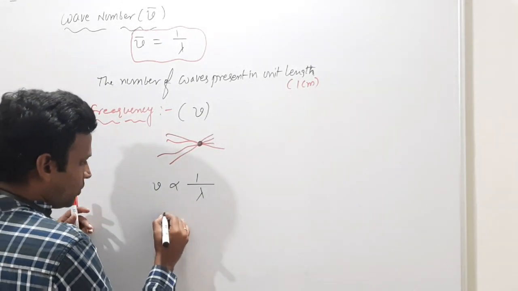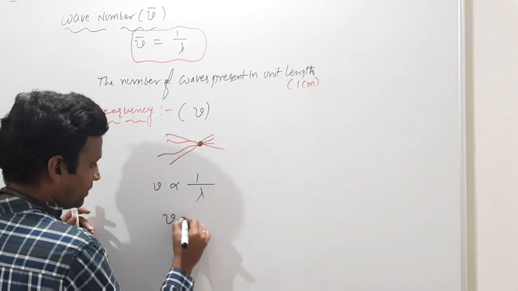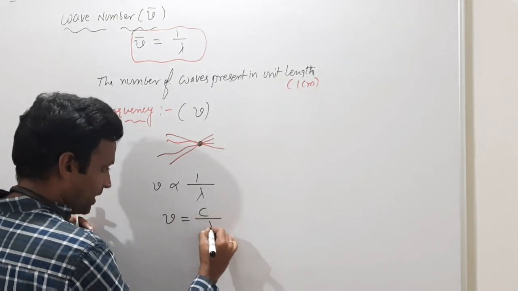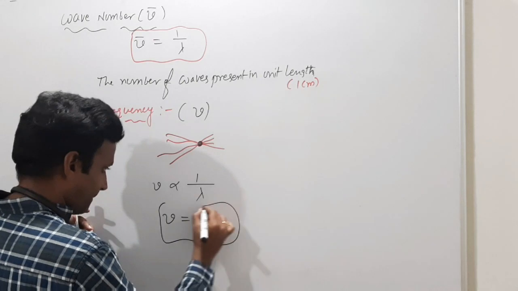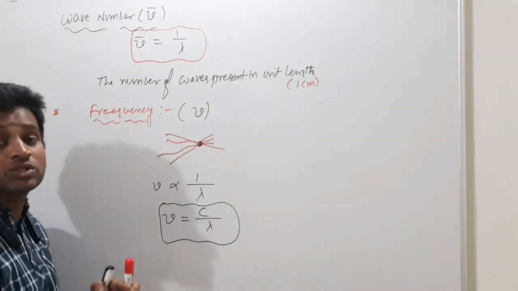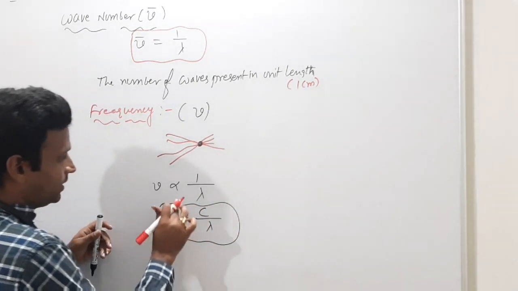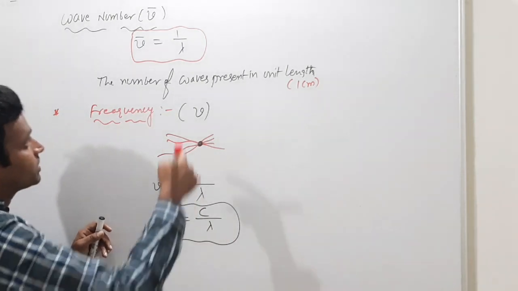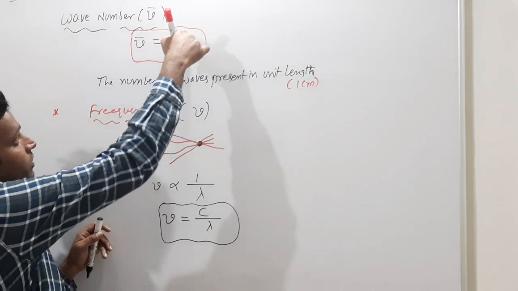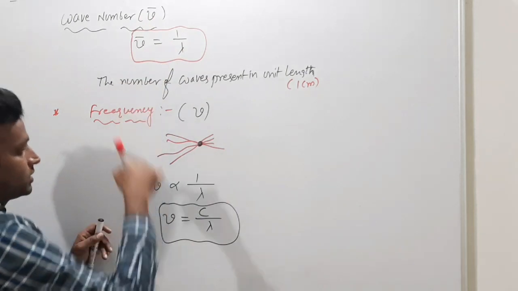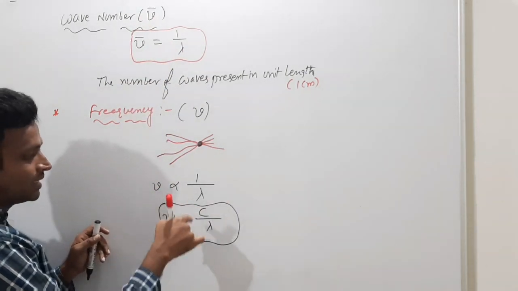Understood? So finally nu is equal to c by lambda. Difference you understood? Nu bar is equal to 1 by lambda, that is reciprocal. But nu is inversely proportional.